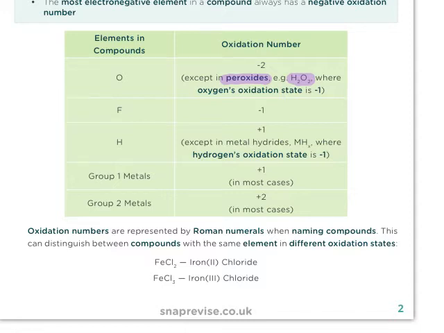Hydrogen is +1, except for in metal hydrides, where it has an oxidation state of -1. So we always think of hydrogen as being H+, +1, but actually if it's in a metal hydride, then it will have an oxidation state of -1. Group 1 metals are almost always +1 oxidation number, and group 2 metals are almost always +2.